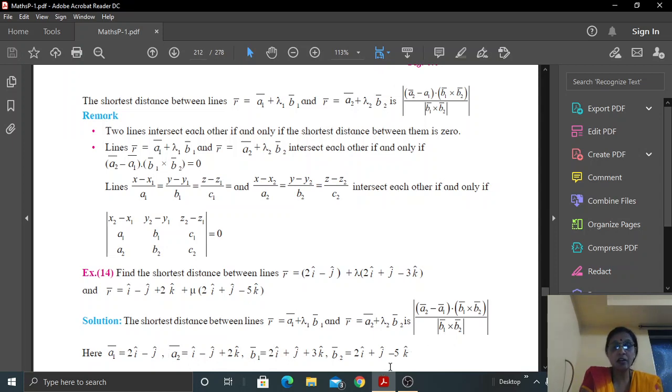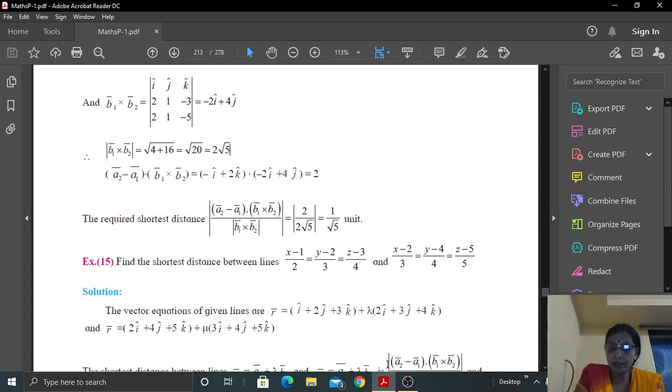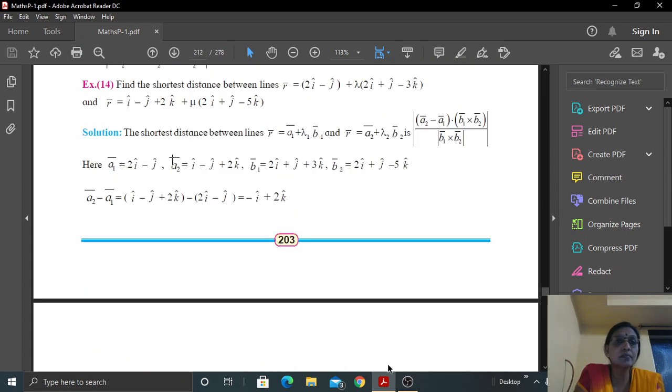Now write all these separately first. A1 bar equal to 2i cap minus j cap, and A2 bar is i cap minus j cap plus 2k cap.